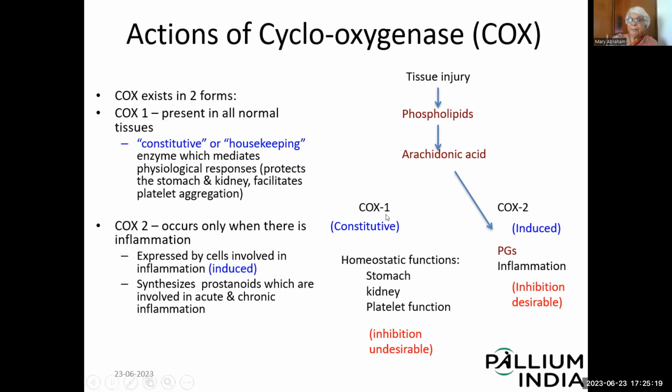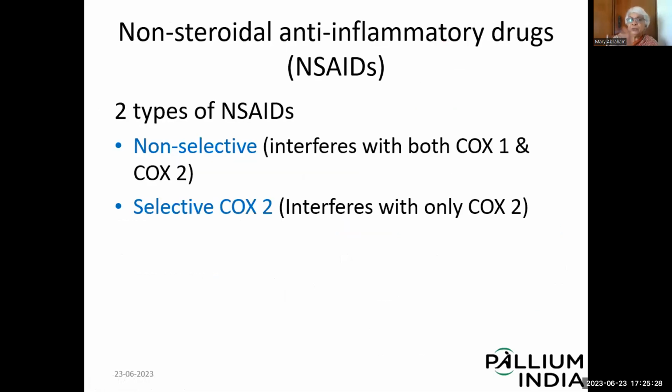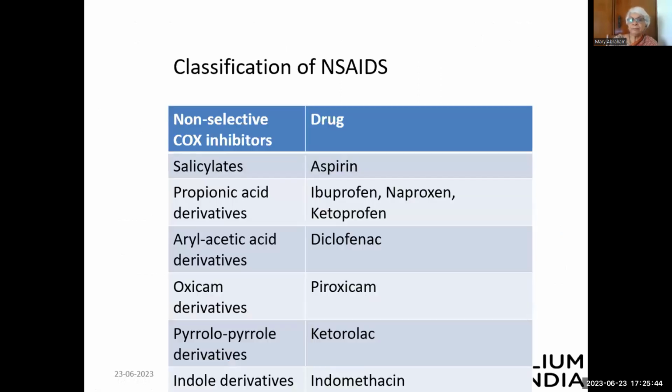So if you remember this, then we will know how the COX inhibitors are acting. There are two types of COX inhibitors. The non-selective, which interferes with both COX-1 and COX-2, and the selective COX-2 inhibitor, which interferes only with COX-2 and does not interfere with the action of COX-1.